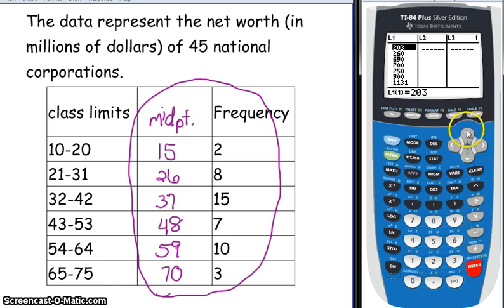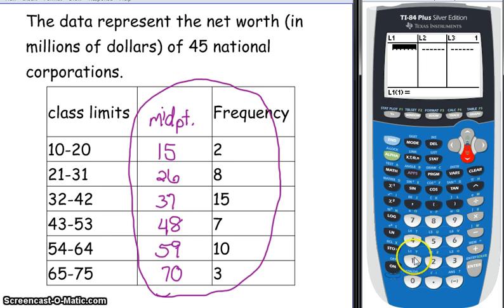So we need to clear that list. We're going to arrow up, press the clear key, and arrow down. For our list 1, we want to use the midpoints.